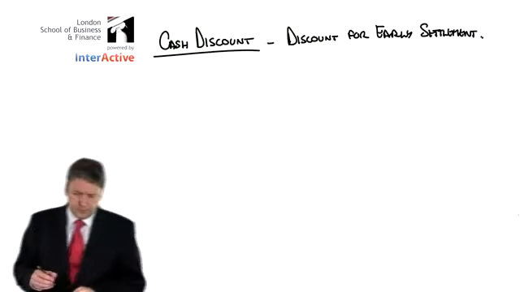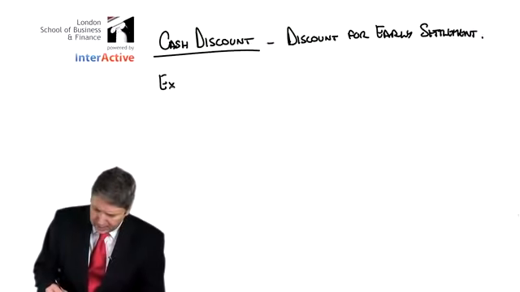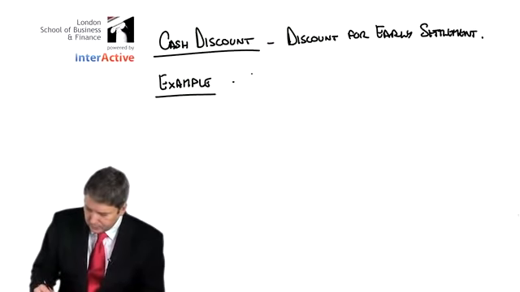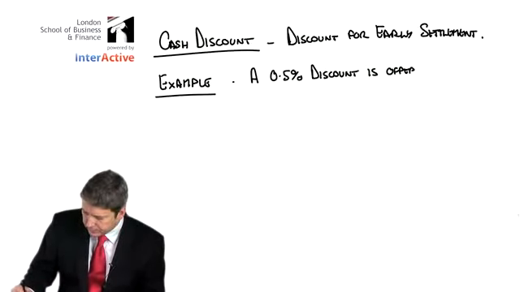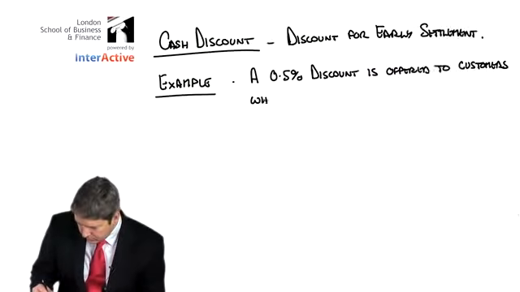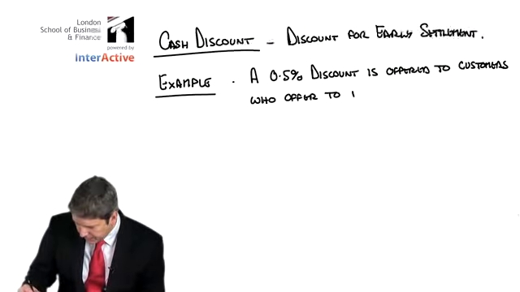So from that example, let's just think about how things may change. A 0.5% discount is offered to customers who offer to pay over 30 days.